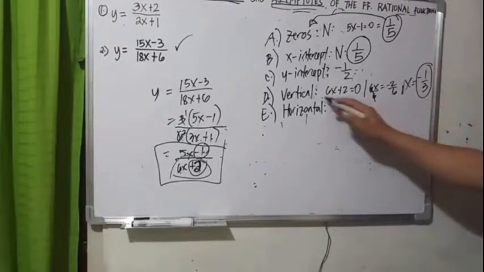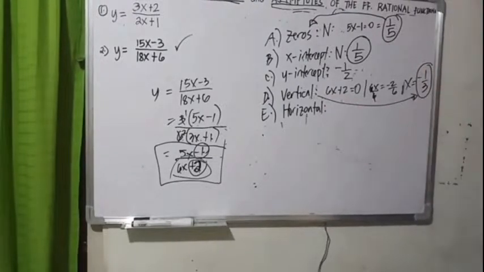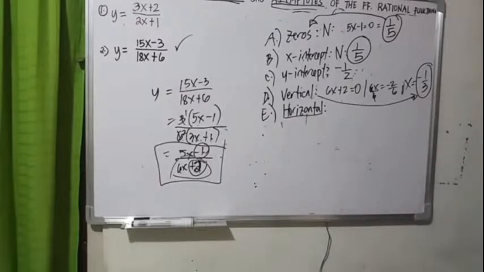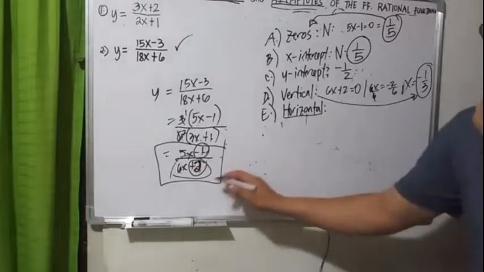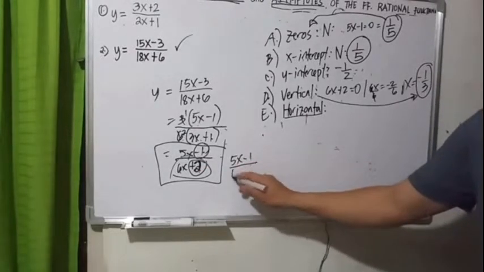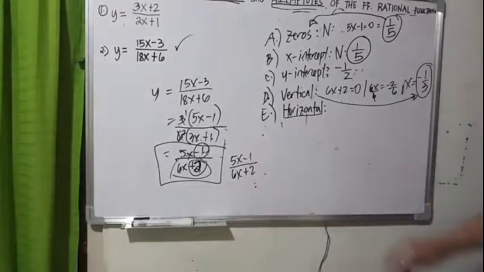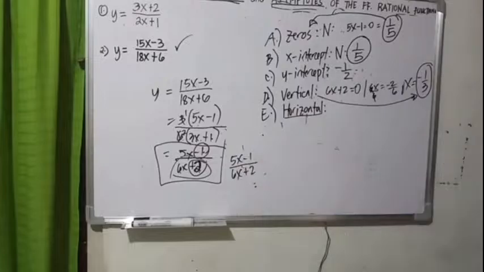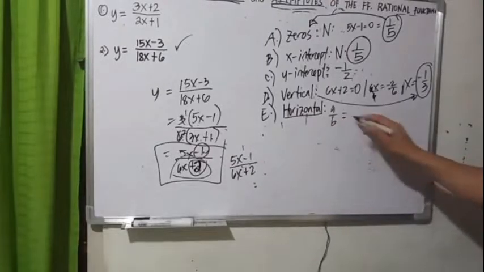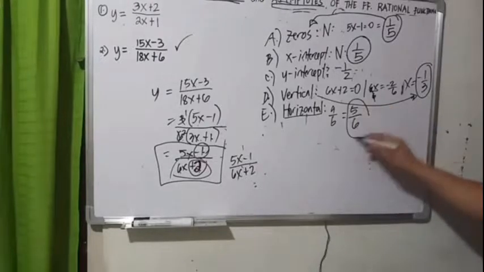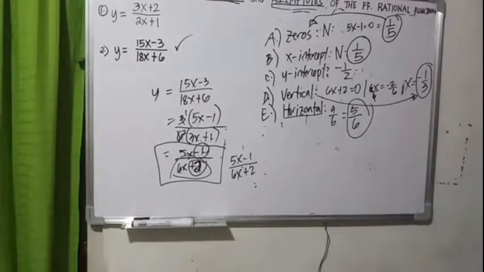That is the vertical asymptote. For the horizontal asymptote, we base it on the exponents. Given 5x minus 1 over 6x plus 2, the exponents are the same, 1 and 1, so it is a over b, which is equivalent to 5 over 6. Okay, that's the final answer.